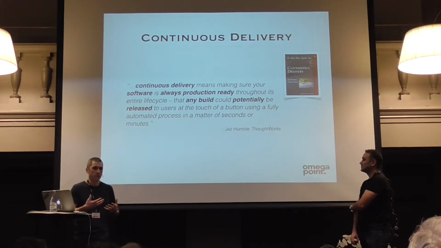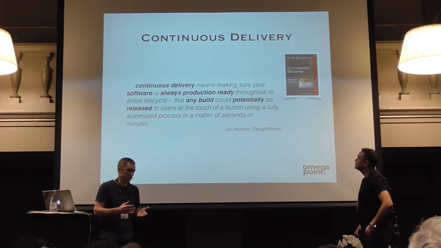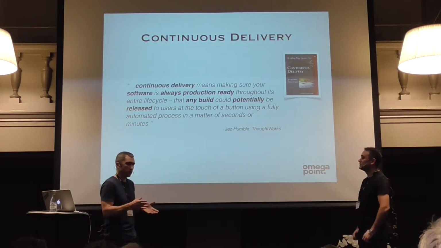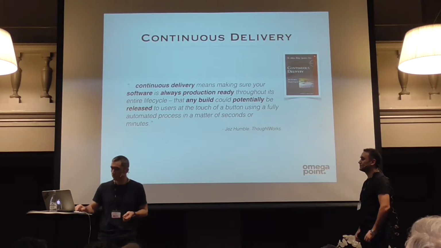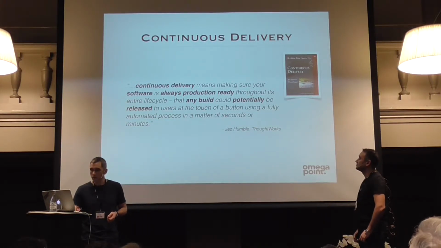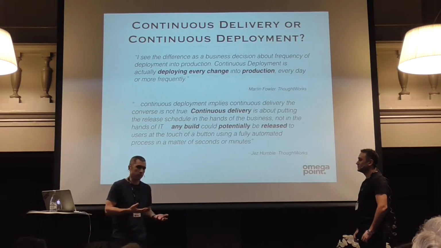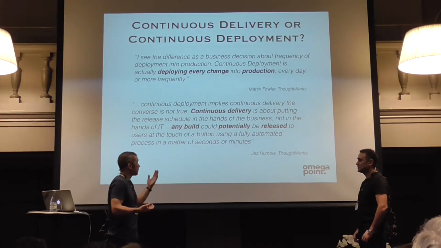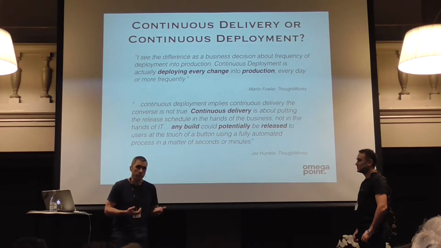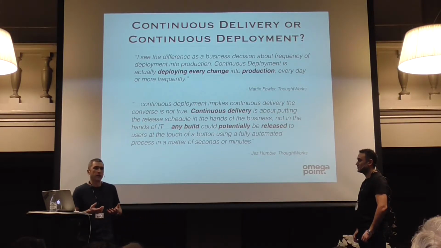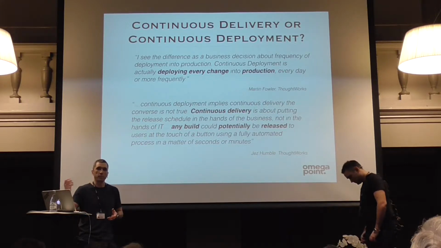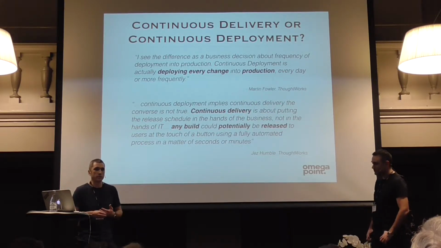So you're continuously building software, and any build in your pipeline, as the term is used, can possibly be released. Then enters the term continuous deployment. What is different? Well, Fowler talked about continuous deployment, and he said that every change that you do in your code should automatically be deployed into production.